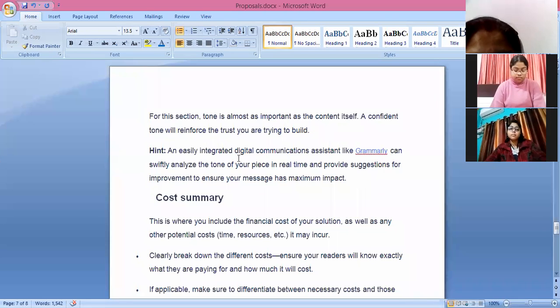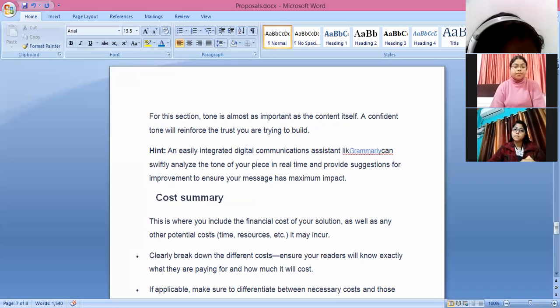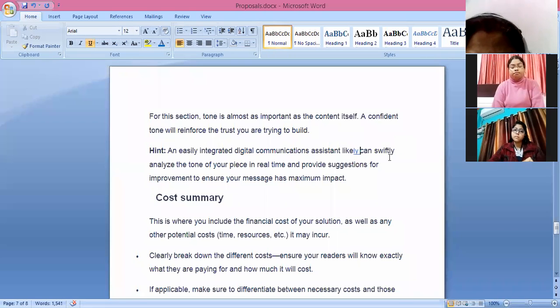Hint: an easily integrated digital communication assistant can swiftly analyze the tone of your piece in real time and provide suggestions for improvement to ensure your message has maximum impact.